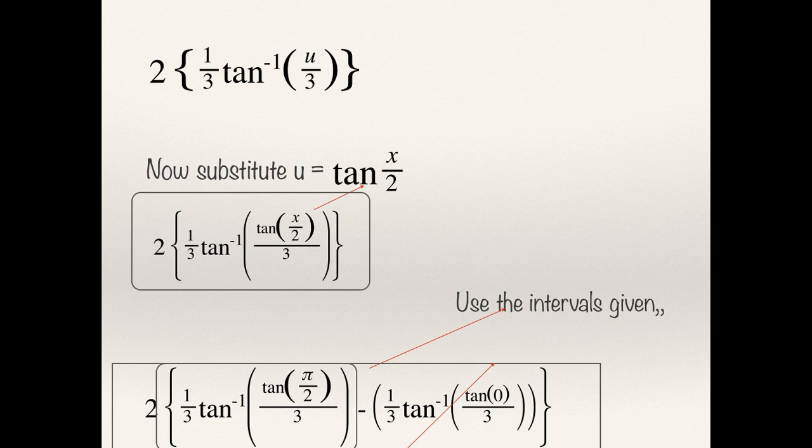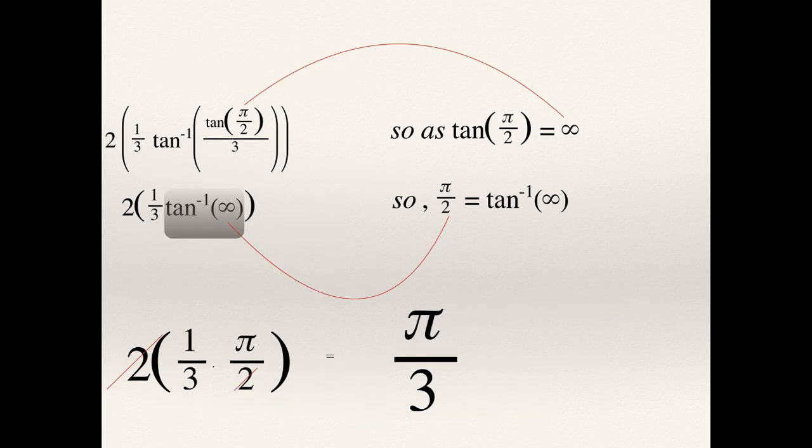Now let's look at that term. We know that tan pi by 2 is equal to infinity. Tan 90 means infinity. Pi is in radians right now, but in degrees pi is equal to 180, so pi by 2 is 90, and tan 90 means infinity.